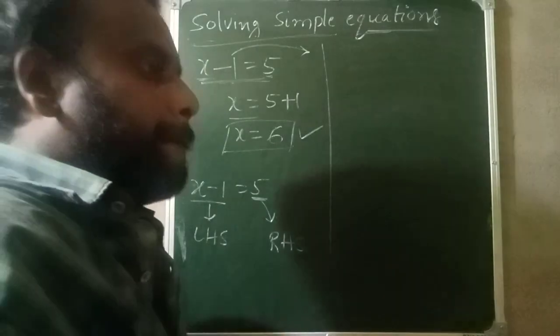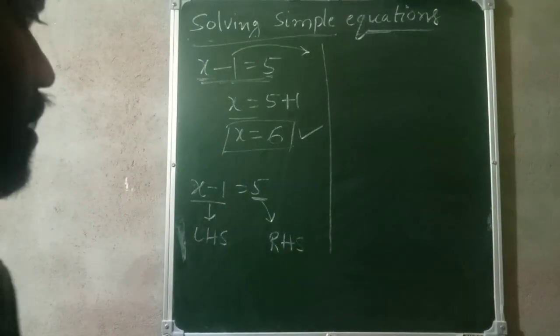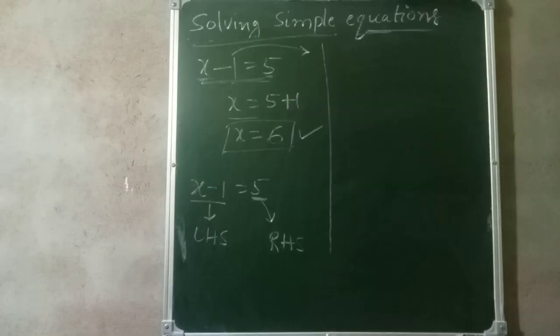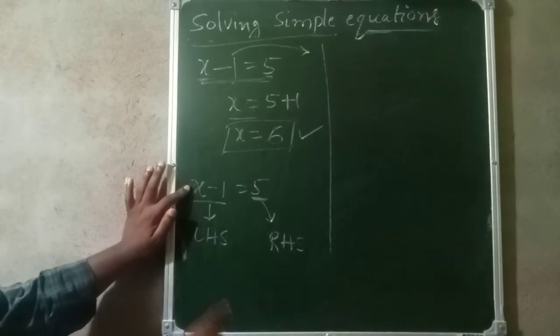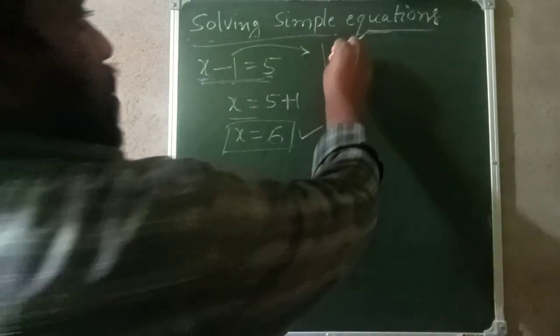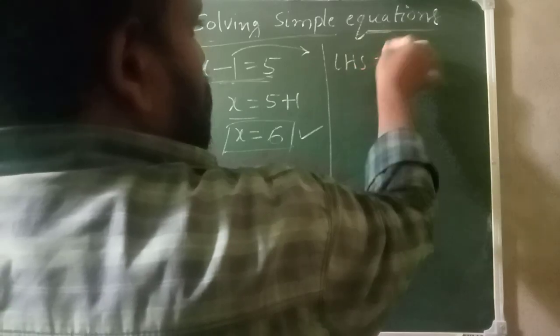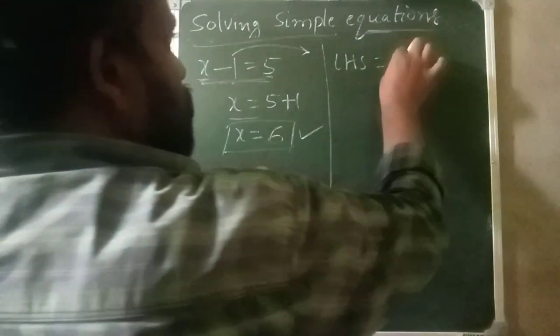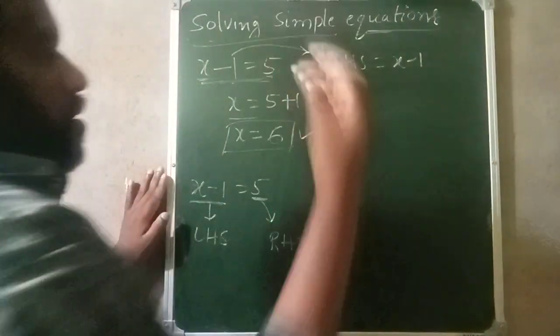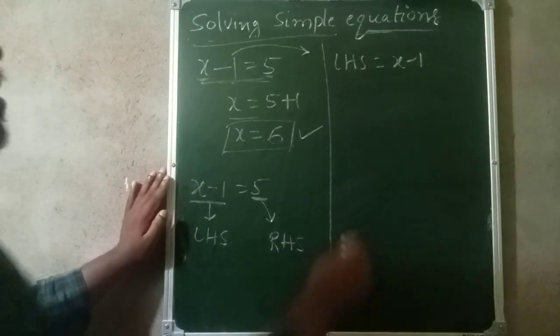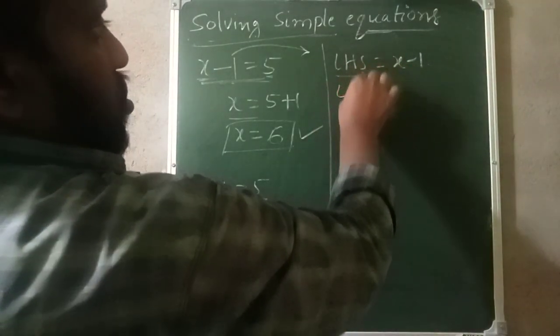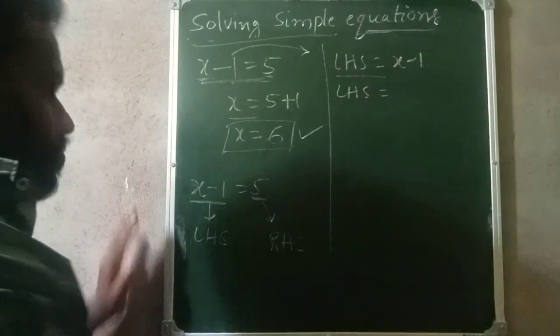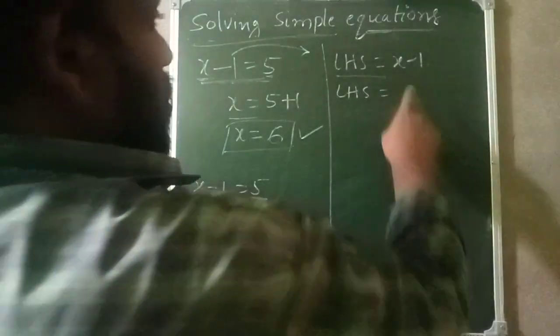Now check on which side the variable x is present. So x is present here, that is LHS. So write LHS here, LHS is equal to, and write this entire thing as LHS, x minus 1. So in the next step, write this LHS is equal to, now substitute the value for x.